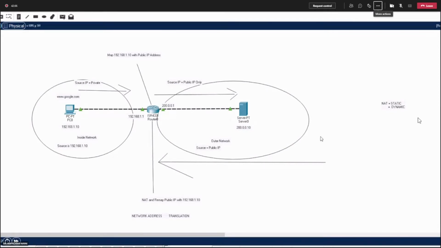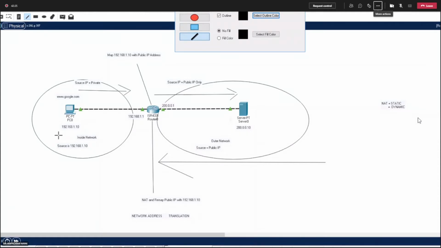At the time of getting the response, the router will again map the public IP address with the private IP address. It will match the entry available in the table, and then forward the reply back to the computer, and then the computer will be able to get the home page of Google.